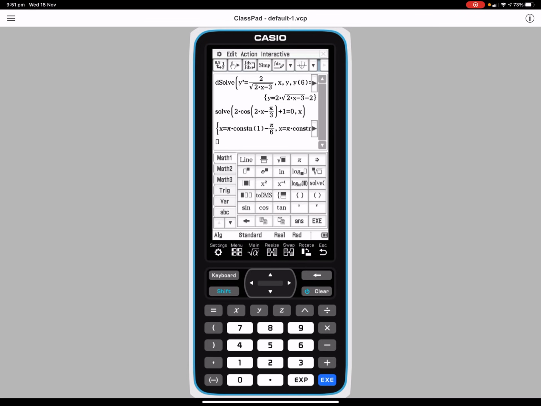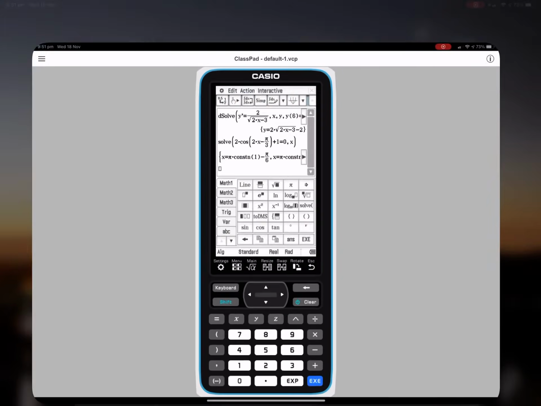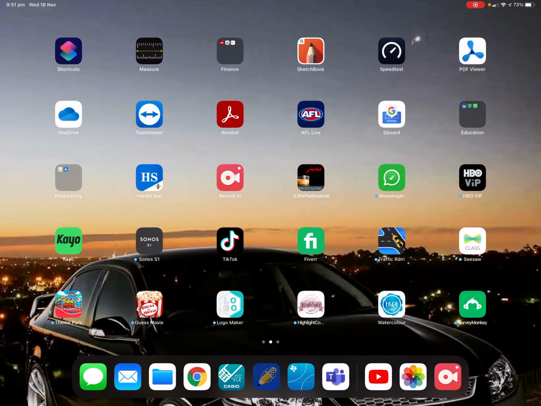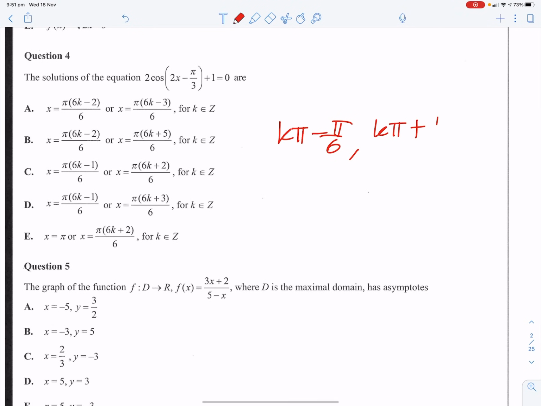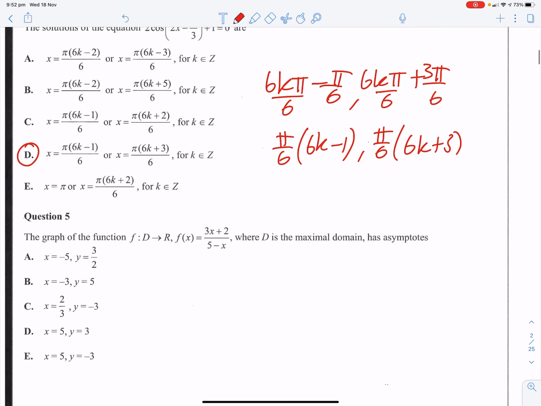Okay, so k pi minus pi on 6 and k pi plus pi on 2. They're all over 6's, so let's make this a 6 and a 6, make this a 6 and a 6, make this a 6 and this is a 3. Pi on 6, 6k minus 1. Pi on 6, 6k plus 3. D.